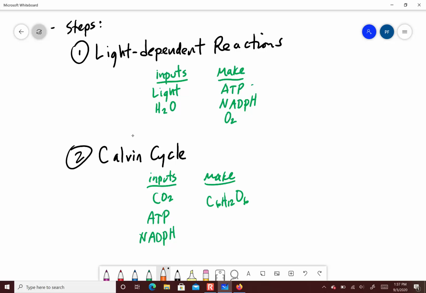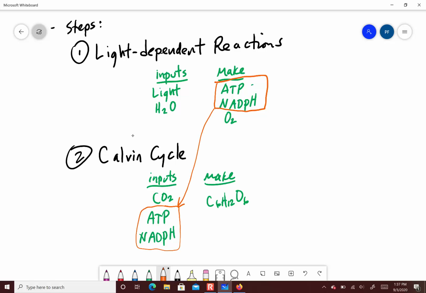The CO2 is coming from the atmosphere, right? So the ATP and the NADPH that we need, where can we get that from? Well, we made those up here. Right? So the ATP and the NADPH that we make in the light-dependent reactions, we use down here.